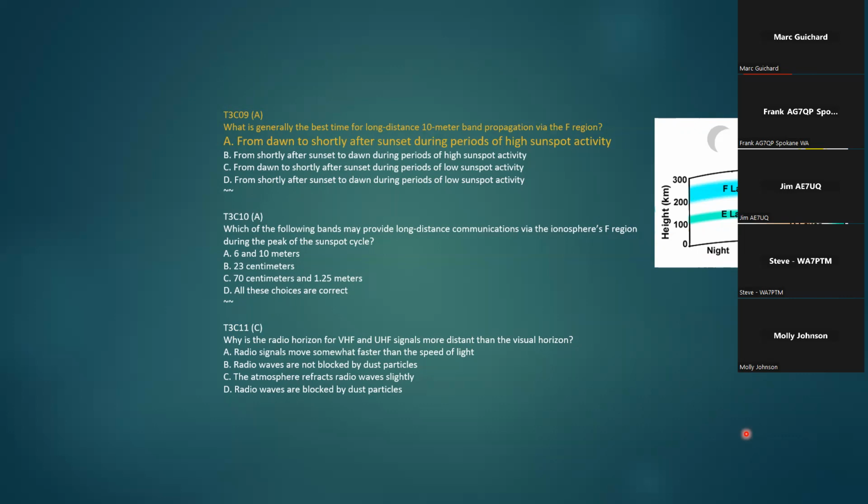And what happens is during late hours of high sunspot activity, the sun causes the F layer in the ionosphere to split into a couple of different layers, and that enhances long distance communications.